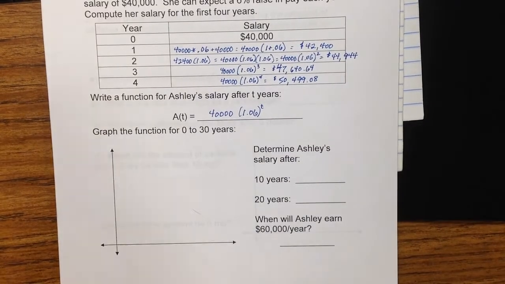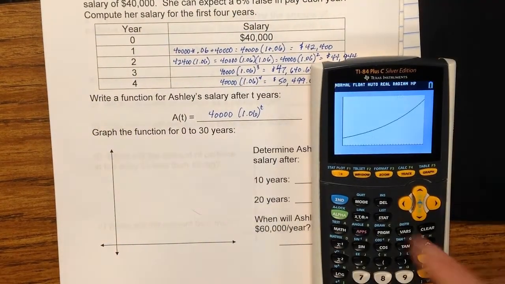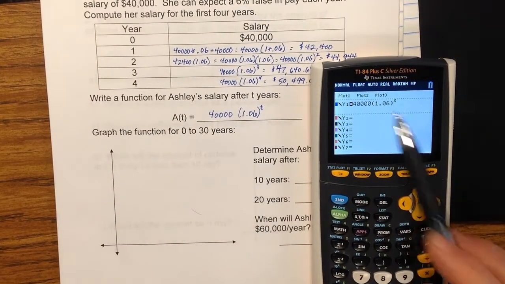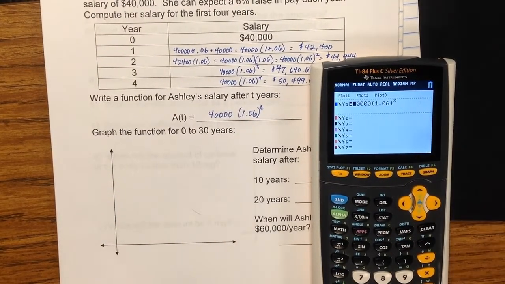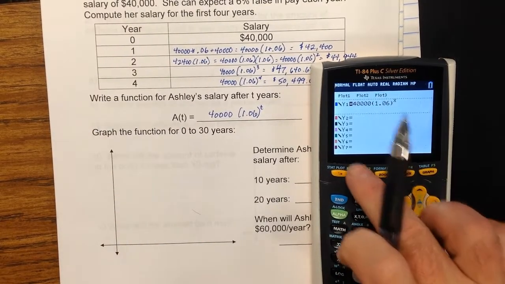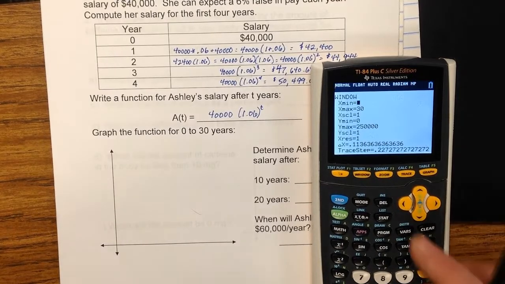Okay, so we're graphing this function now. So we're going to use our handy-dandy calculators here. So I've typed into the y equals screen 40,000 times 1.06 to the x power. It says 0 to 30 years, so in my window, my x min is 0, my x max is 30.